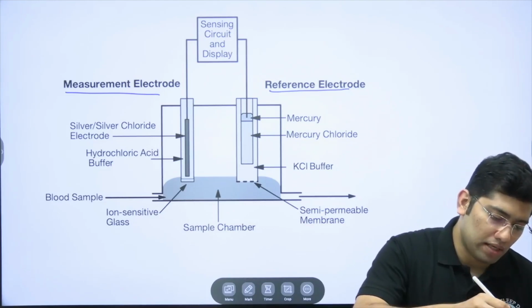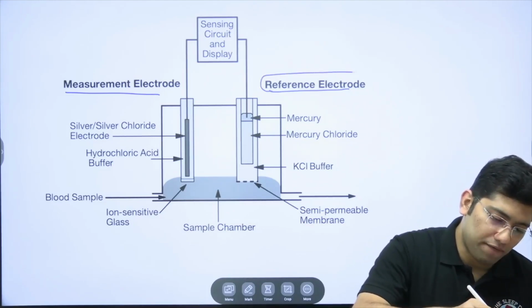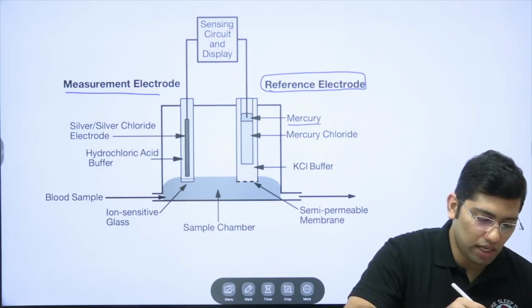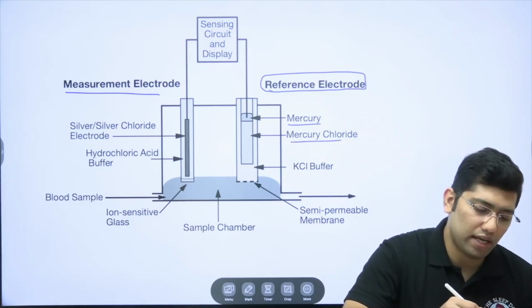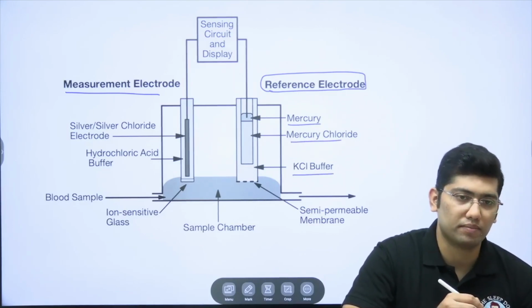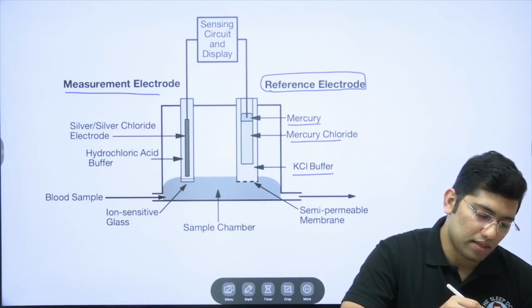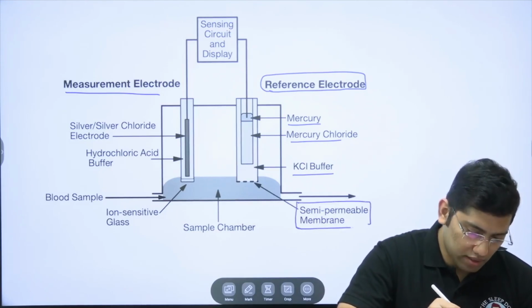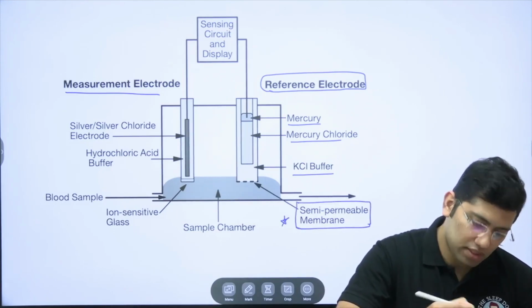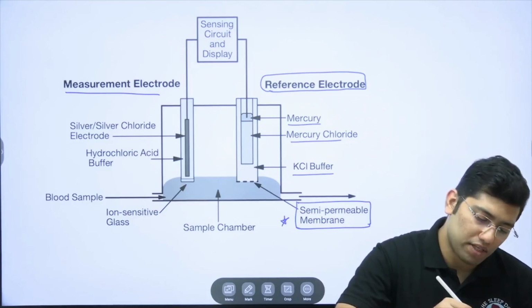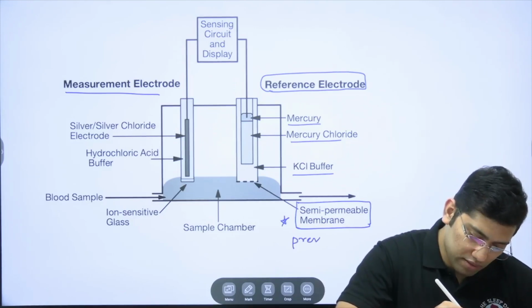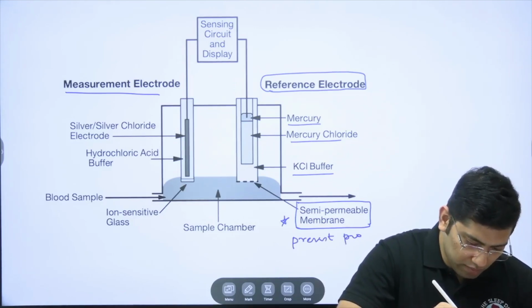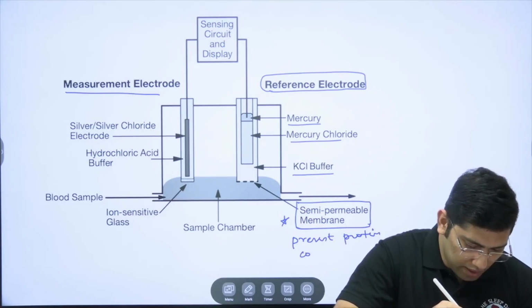Now, the reference electrode consists of mercury and mercury chloride in KCl buffer, and it's separated by a semi-permeable membrane. This semi-permeable membrane's function is quite often asked. The function is to prevent protein contamination.